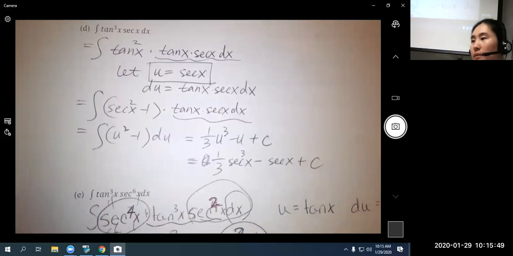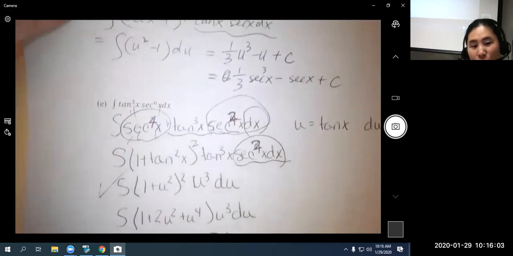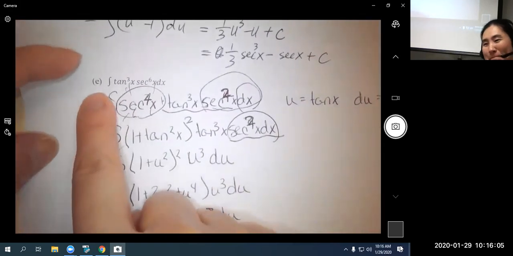Done. Let's just remember, secant of x is even, I can use the first case. Tangent of x power is odd, use the second case.